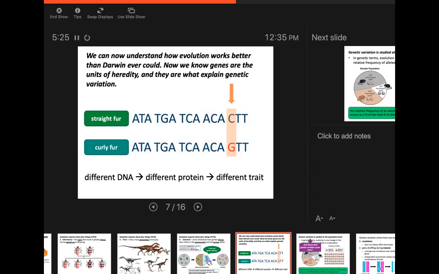So looking up here takes us back to genetics. You've got straight fur and curly fur, and you notice what in the DNA sequence? There's only one letter that's different. And that one letter is essentially going to code for a different what? A different what? Amino acid, which can in turn lead to a different protein, okay?